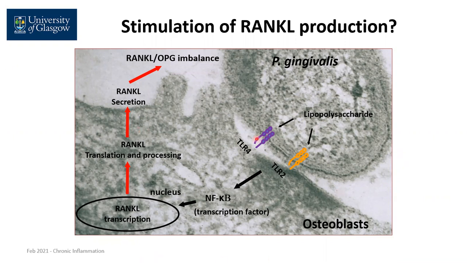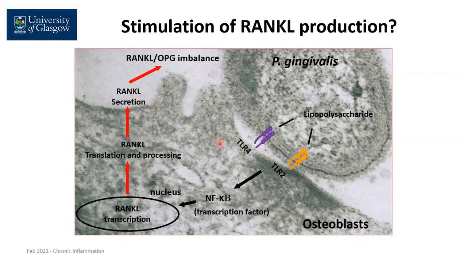And you've seen this diagram before, and I've just changed the labels on it just to highlight my point here, is that P. gingivalis can actually be recognized by osteoblasts via this receptor recognition, which we've talked about in great detail before. Downstream signaling cascades will happen that lead to RANKL production. RANKL is a protein. It's essentially an effector response by the osteoblast in response to recognizing P. gingivalis.